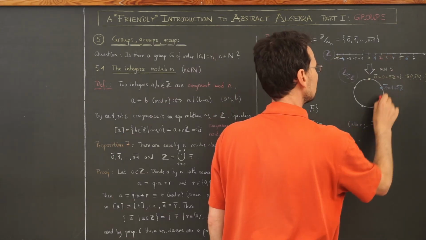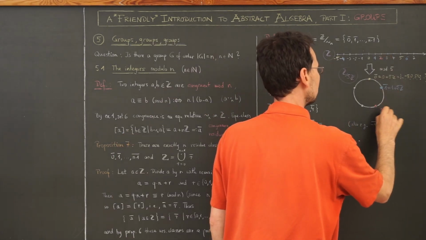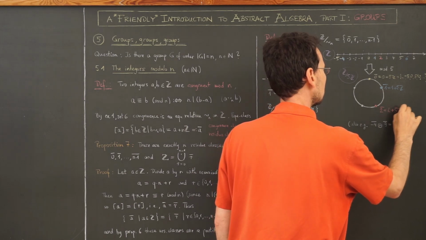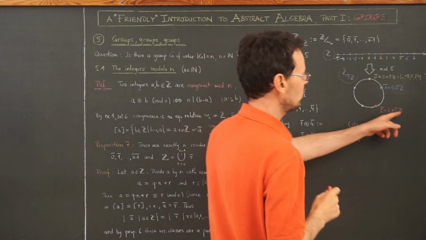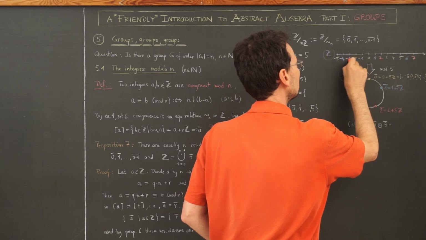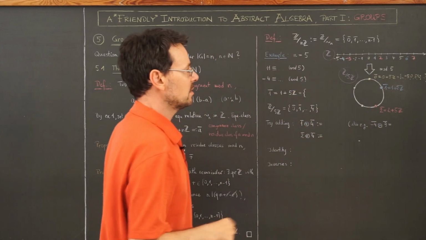Then we take the number 2 and project it to its residue class 2 plus 5Z, which would contain 7, minus 3 and so on.